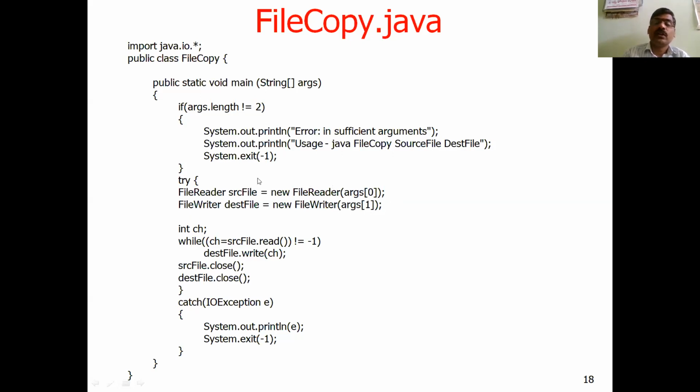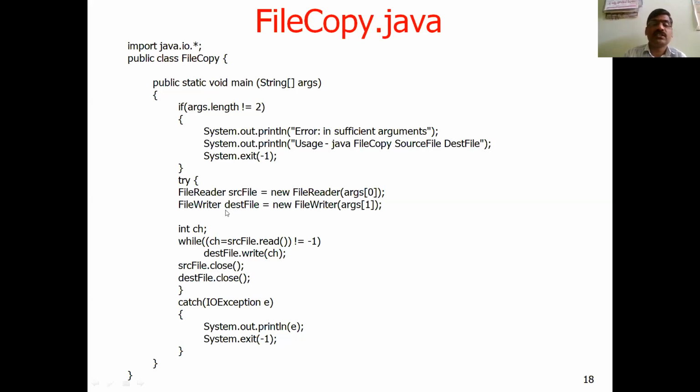So you have to open the source file using FileReader. So FileReader, some src, which is an object of FileReader type. Then I am creating a FileReader object with args[0]. This args[0] contains the source file name. Then FileWriter, because you have to write the data into the destination file, so I am taking a FileWriter object and I am creating an object for this FileWriter.